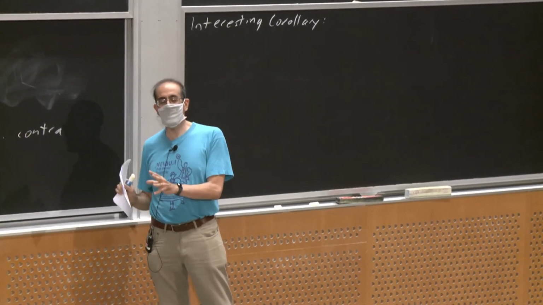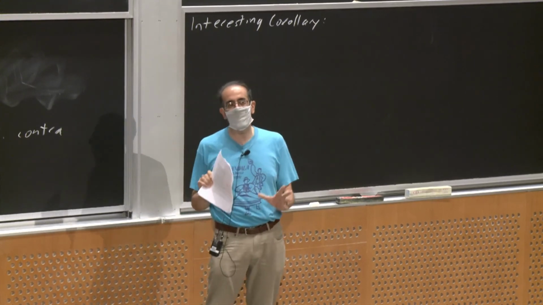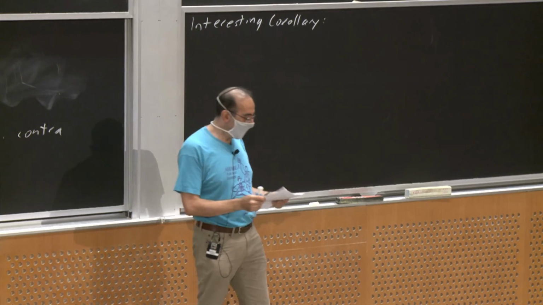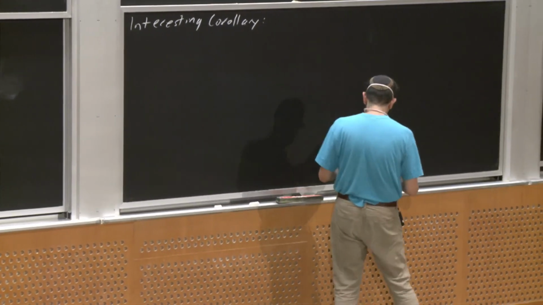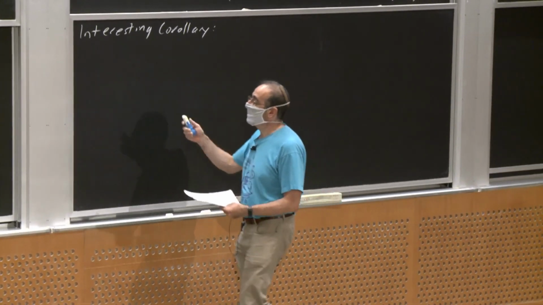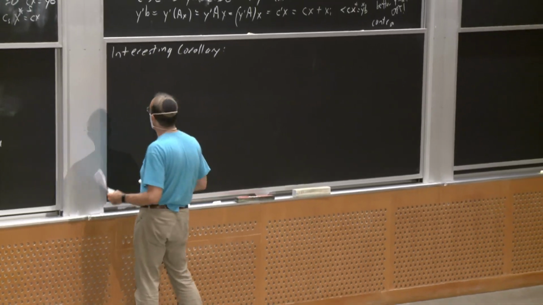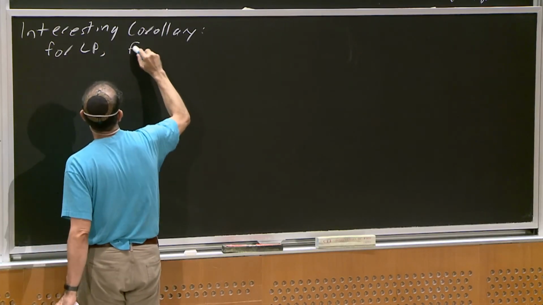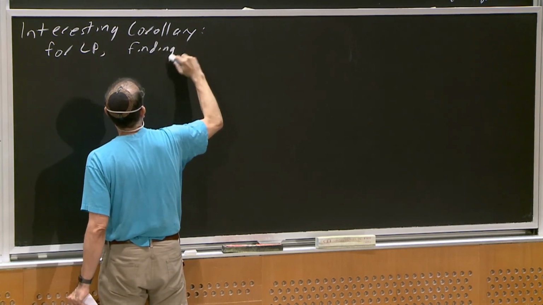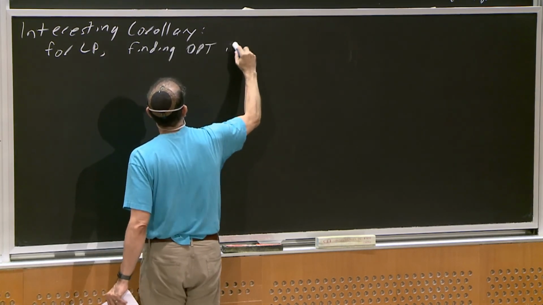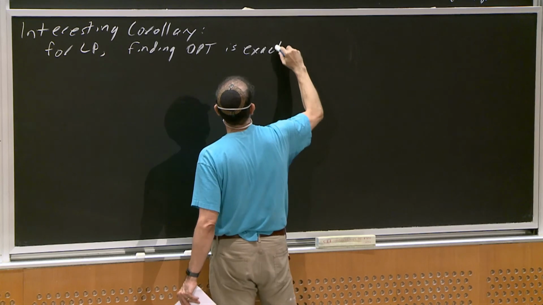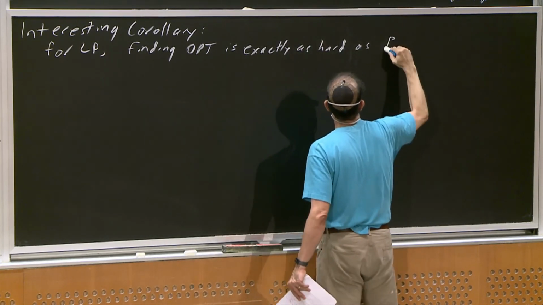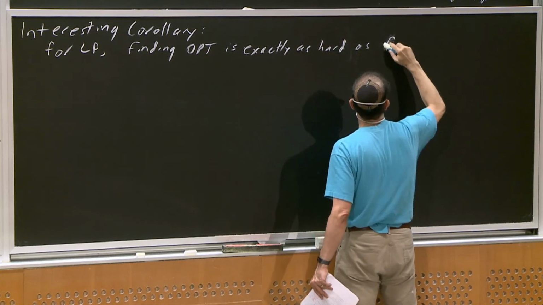And once you have feasible solutions, then you start talking about checking for optimality and then finding optimal solutions. But look at this really bizarre corollary of strong duality. Okay. For linear programming, finding an optimum solution is exactly as hard as finding a feasible solution.